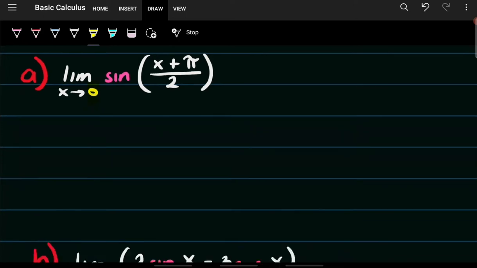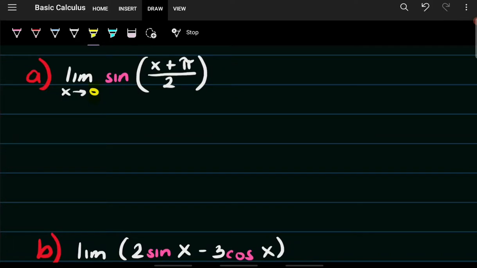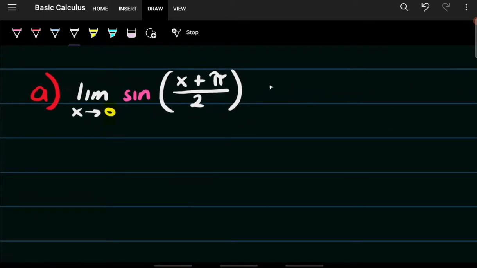Now, let's apply direct substitution, and let's consider some of the trigonometric rules to solve this problem. So this will give us the limit of sine of x plus pi over 2, x approaches 0.